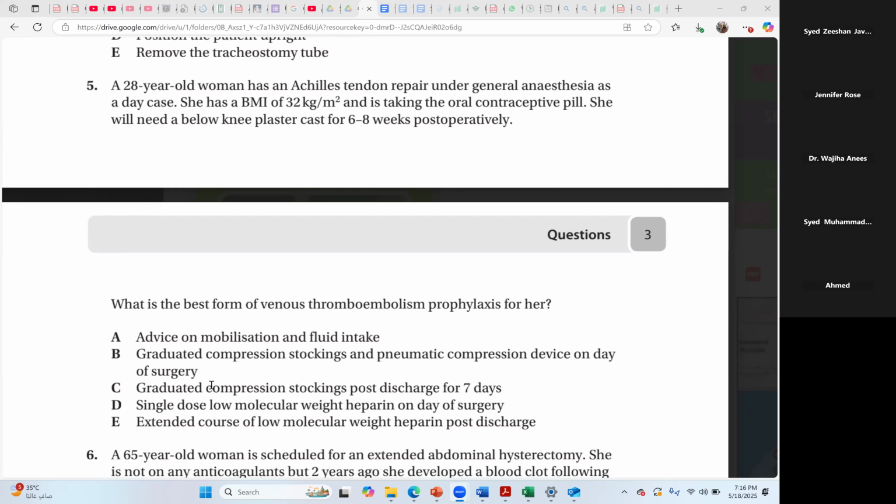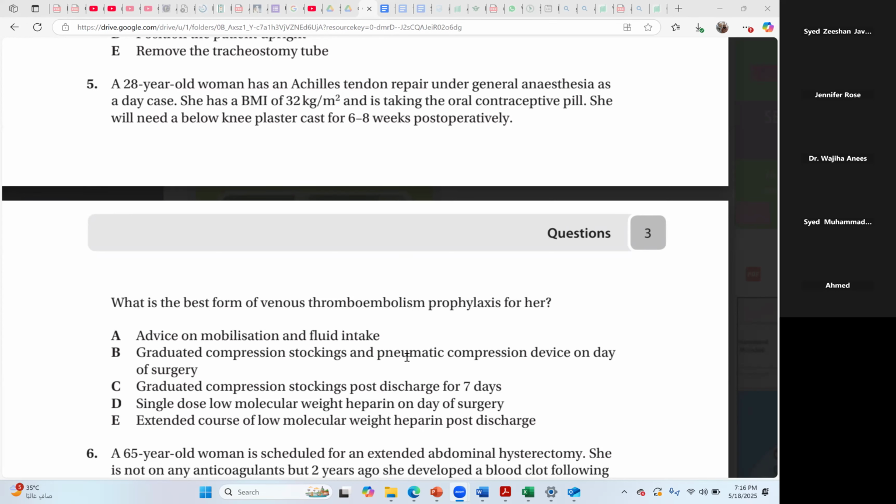Okay, so we have to choose the most appropriate answer. What are your votes? This will not be the answer, because that will not be enough, as there are relatively more risk factors in this patient. The compression device will also not be, in my opinion. I am not sure what the answer will be, but I think A and B are not the answer. Okay, Sayyid Muhammad Ali Shah, what do you think? What should be the answer?